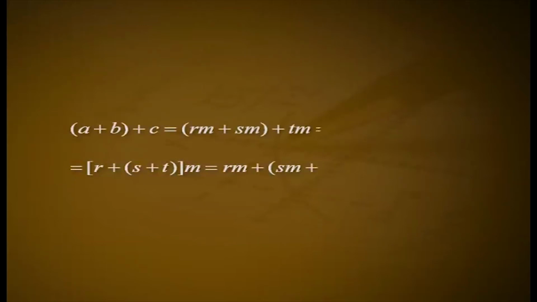If C = tm, then (A + B) + C = (rm + sm) + tm = (r + s + t)m = rm + (sm + tm) = A + (B + C), showing the associativity.